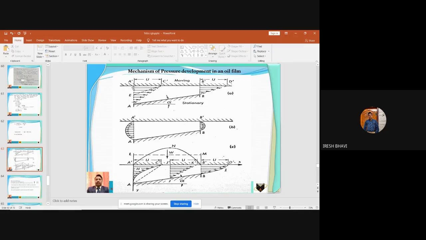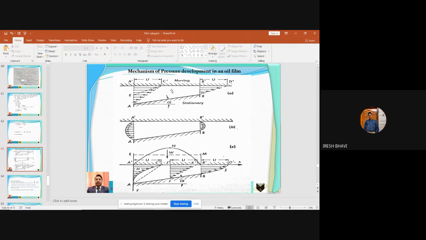Hence, as the width is considered to be very, very large in the perpendicular direction, it is assumed that there is no flow of lubricant in the perpendicular direction. You have to assume that lubricant is flowing from the left end to the right end. There is no flow of lubricant in the perpendicular direction, that is, perpendicular to this plane. Okay? That is the assumption you have to make, because a very negligible amount of lubricant will be flowing in the perpendicular direction.